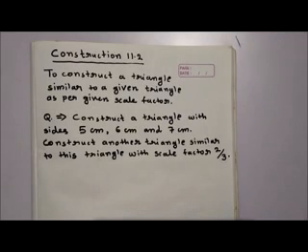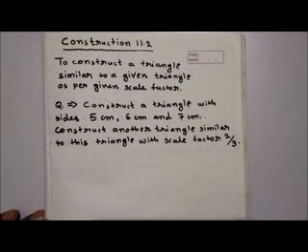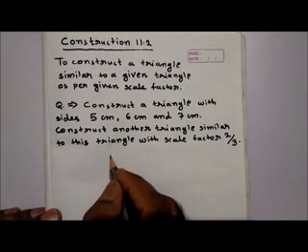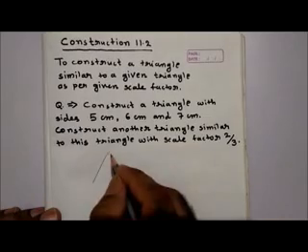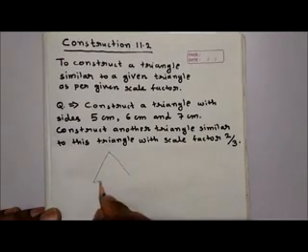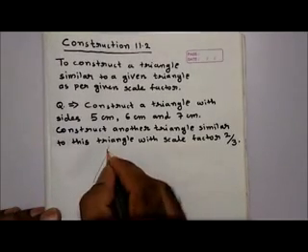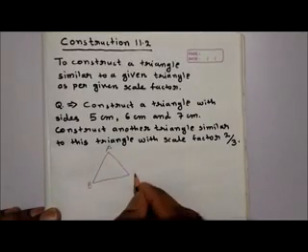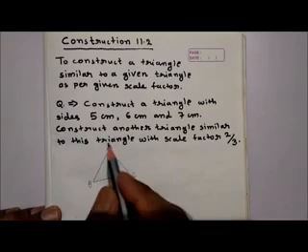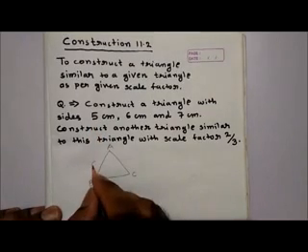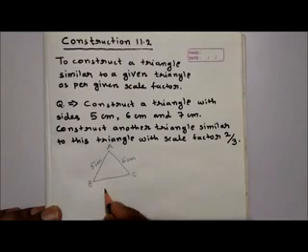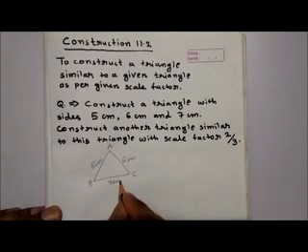So let's start with the rough diagram. Consider our original triangle. Suppose ABC is the triangle with dimensions 5 cm, 6 cm and 7 cm.